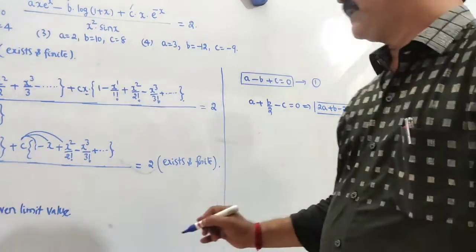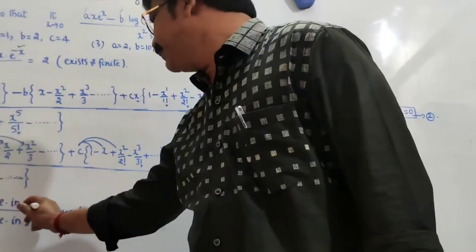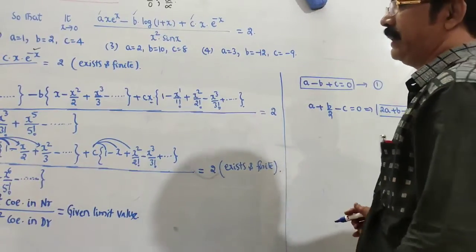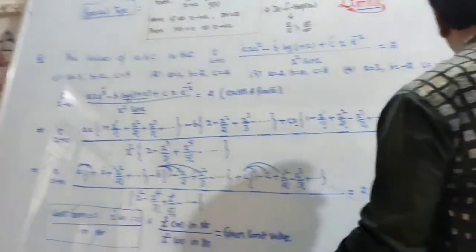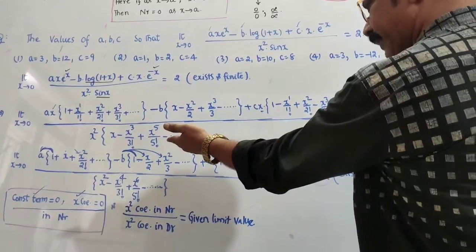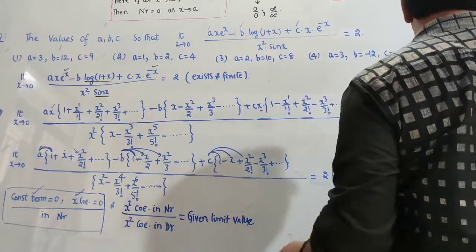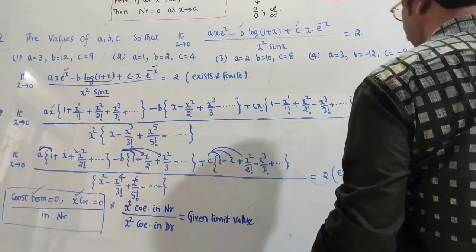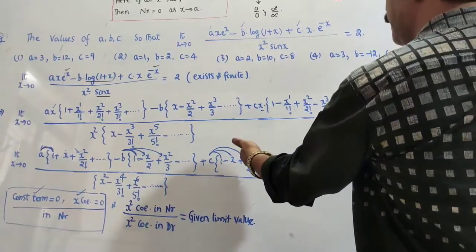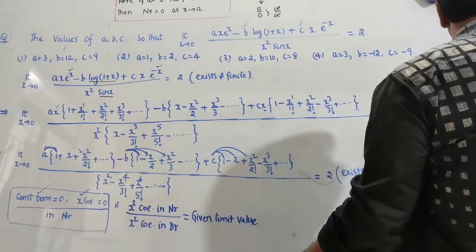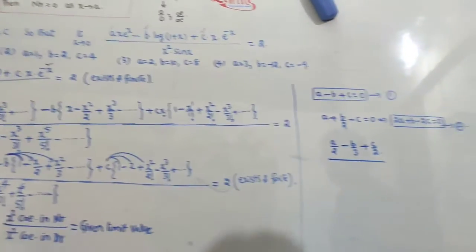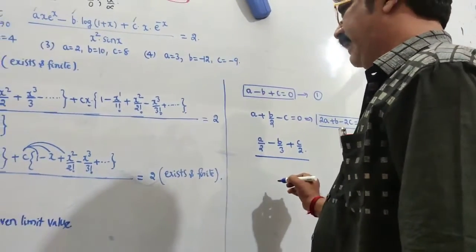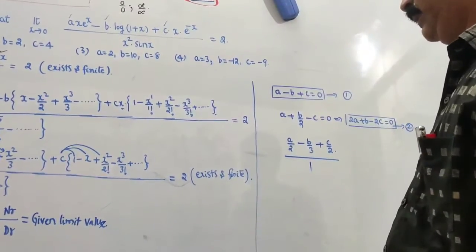Next, third equation: x square quotient in the numerator. a by 2 factorial means a by 2, next the x square quotient minus b by 3, next the x square quotient c by 2. The x square quotient in the denominator is equal to 1.